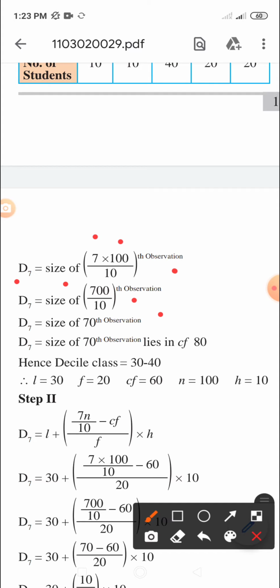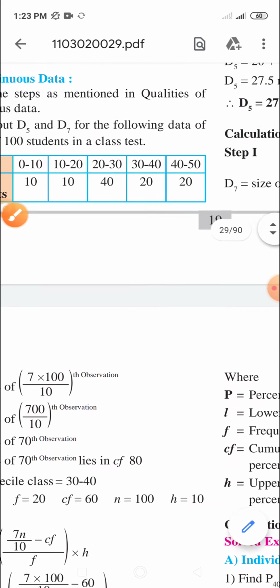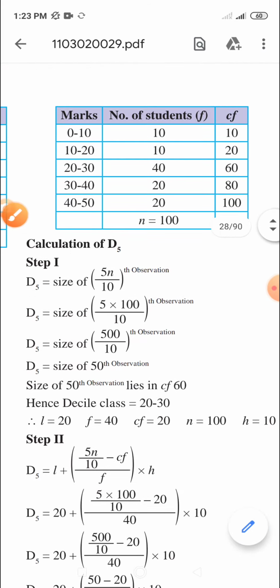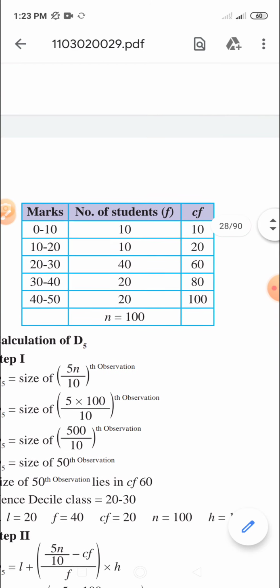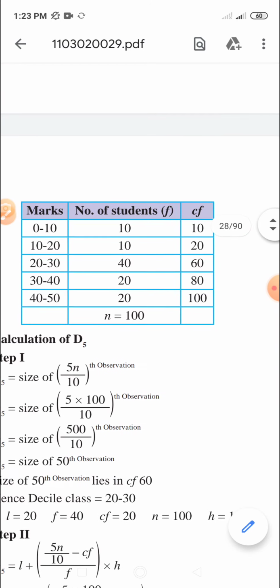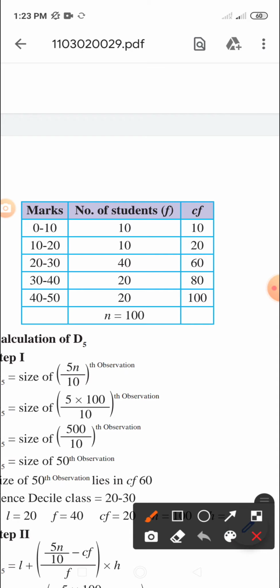So the size of 70th observation lies in CF 80. That is, the size of D7th observation lies in CF 80. How is it? That is, this is our question or solution. D7, the value of decile 7, is the 70th observation.